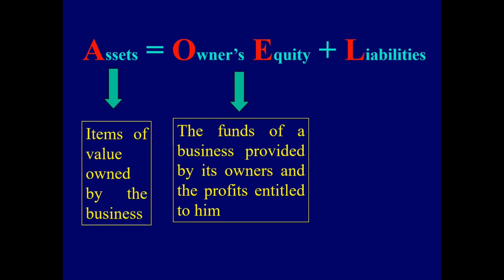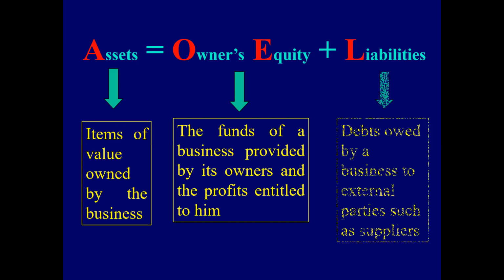The business must give it back to the owner: capital plus profit. Liability means debt owed by a business to external parties such as suppliers. If you get a loan from a bank, this is one example of liabilities.